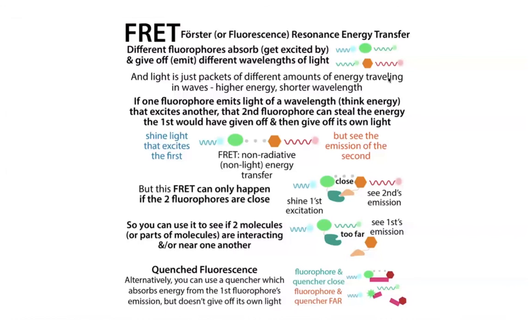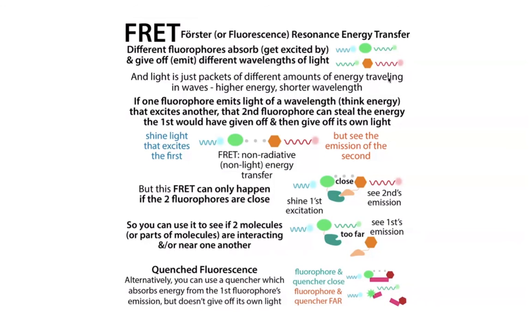The efficiency drops off with the sixth power of the distance, so it quickly drops off. But it drops off at a rate at which we can actually use the amount of FRET to figure out how close together molecules are, or how close together different parts of the same molecule are. So we can use it to measure both intermolecular dynamics, between molecules, and intramolecular dynamics, within a molecule.